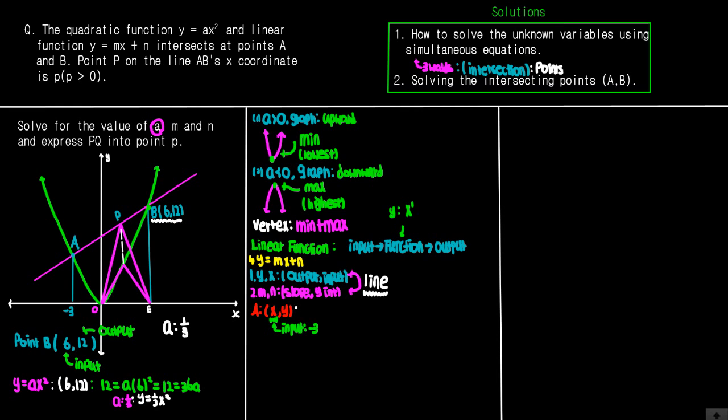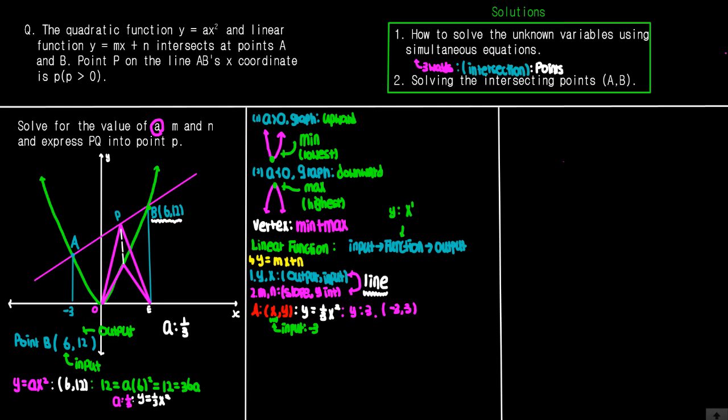But with our quadratic function, y is equal to 1/3 x squared, we can easily input -3 for x to solve for y. If we calculate it, the y value is 3. So our point A is (-3, 3).